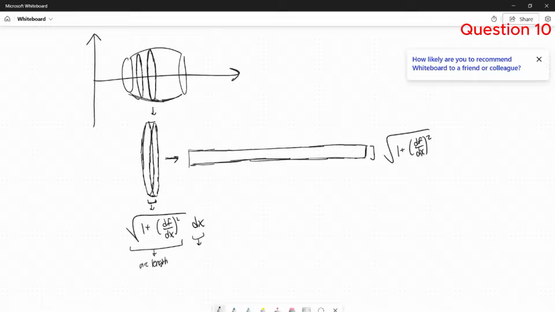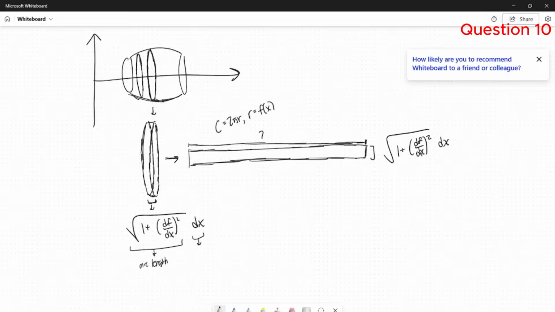Now let's calculate this dimension here. As you may see, this line here is actually just the circumference of the circle. The circumference of the circle, C, is equal to 2 pi r, where r in this case is just equal to the value of the function at that point.